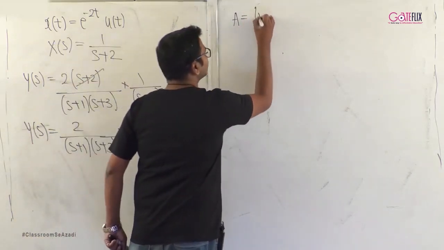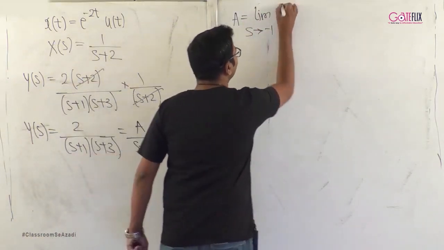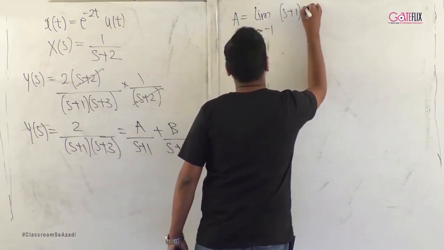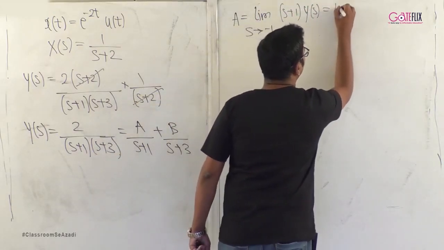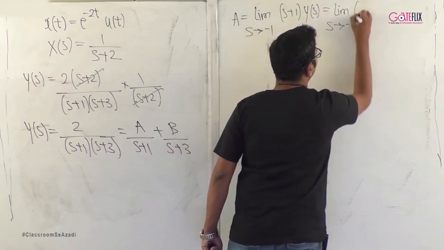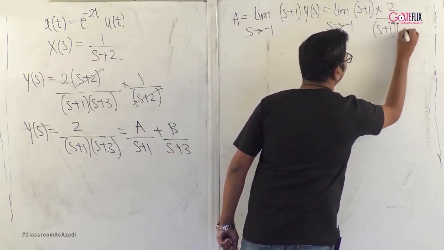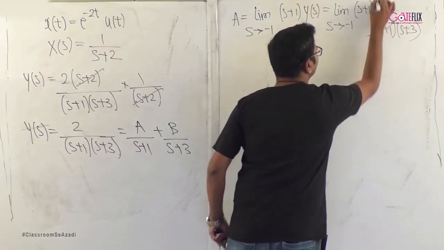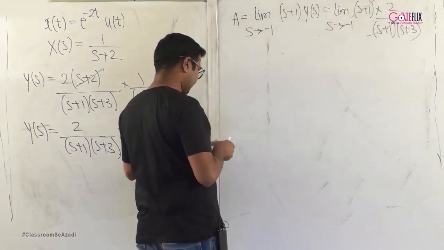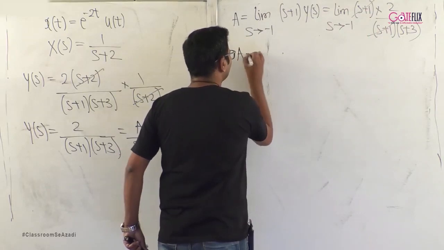A can be calculated as limit s tending to minus 1 of s plus 1 into Y of s. So, this will be limit s tending to minus 1 of s plus 1 into 2 upon s plus 1 into s plus 3. So, s plus 1 would get cancelled and the value of A comes out to be 1.